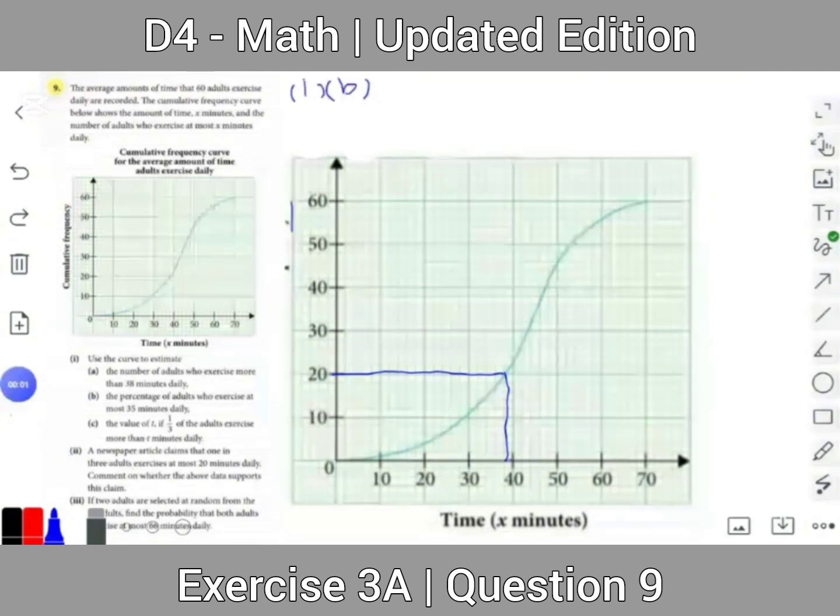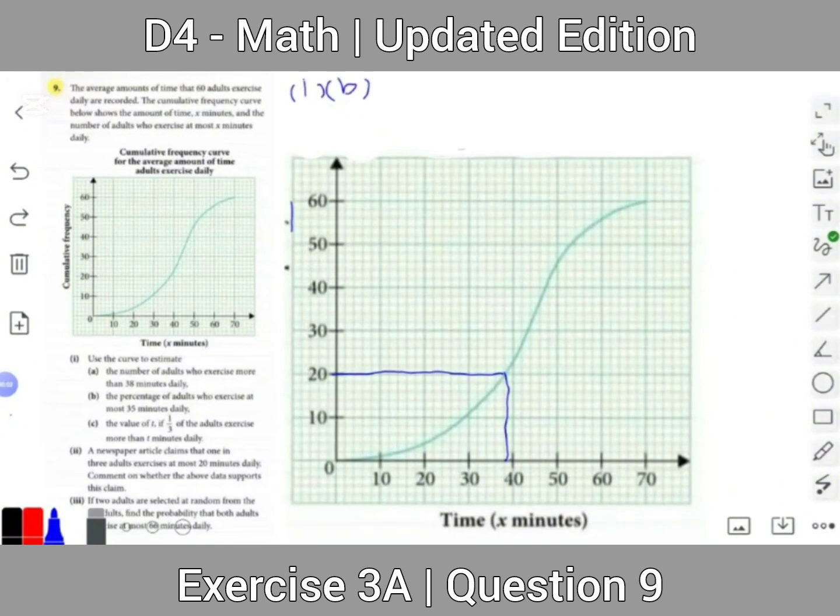Now in part 1b, we have to find out the percentage of the adults who exercise at most 35 minutes daily.